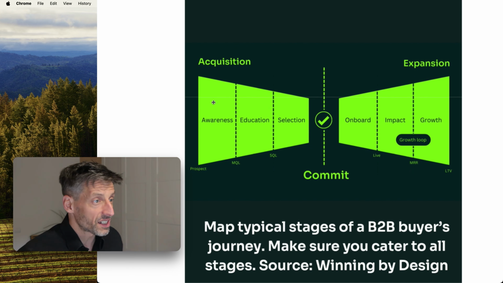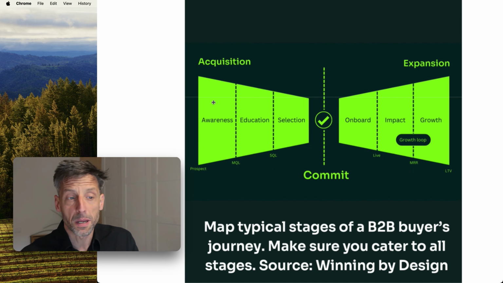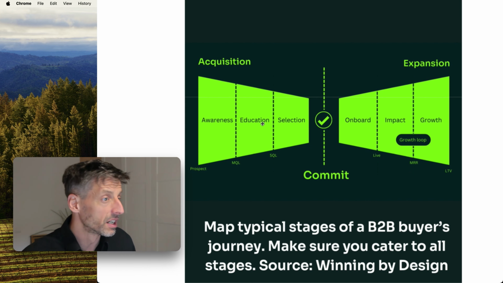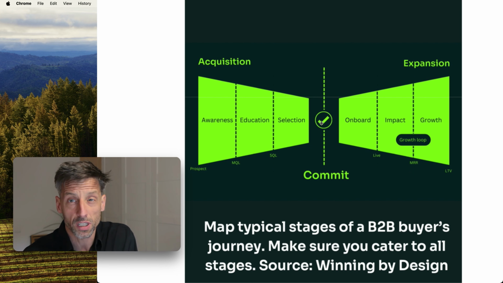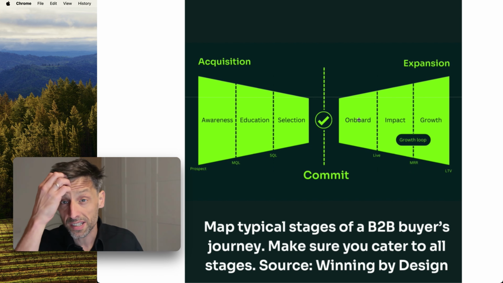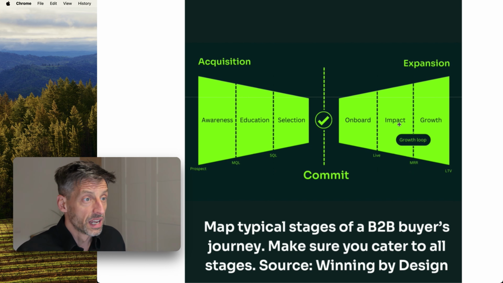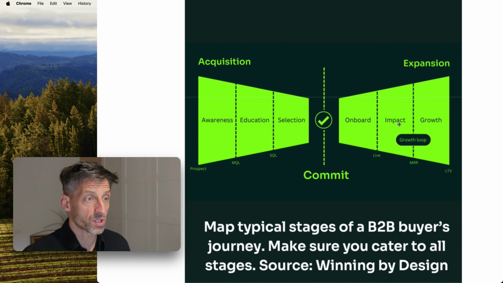Because before the sale, your go-to-market has to fulfill 3 major roles, okay? So they have 3 jobs. First, you have to generate awareness. Then you have to educate the buyer. Then you have to help them choose a solution. And then you actually have to close them and take their money. And when that is done, after the sale, what you do is your customer success team onboards them, gets them acquainted, gets them on board. They're going to help them achieve impact with your solution.